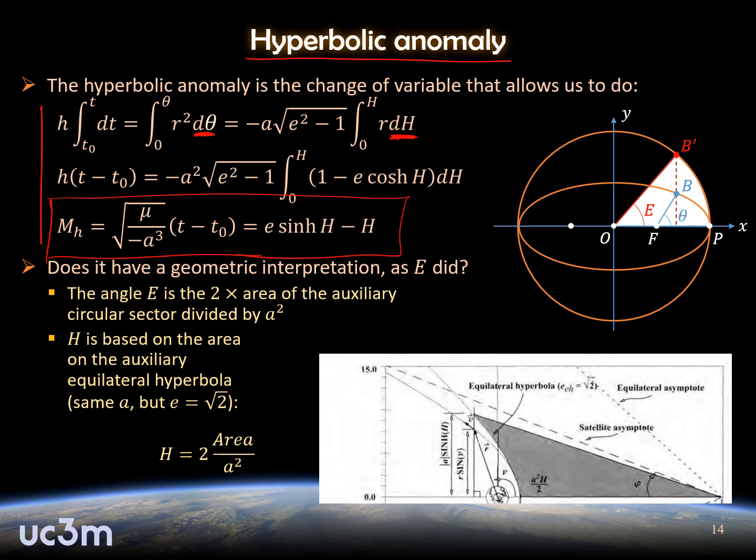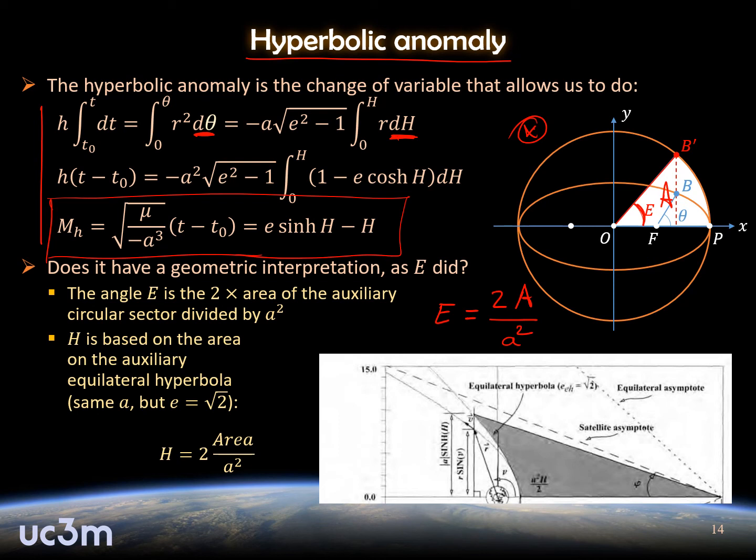Now, geometrically, it is possible to find what this hyperbolic anomaly means, or at least to have a general idea of it. Let's go back to the elliptic case, and let us write the eccentric anomaly in terms of the shaded area that you see in white. Using the expression of the area of a circular sector, it is possible to write E as 2 times the area of that circular sector divided by a squared.